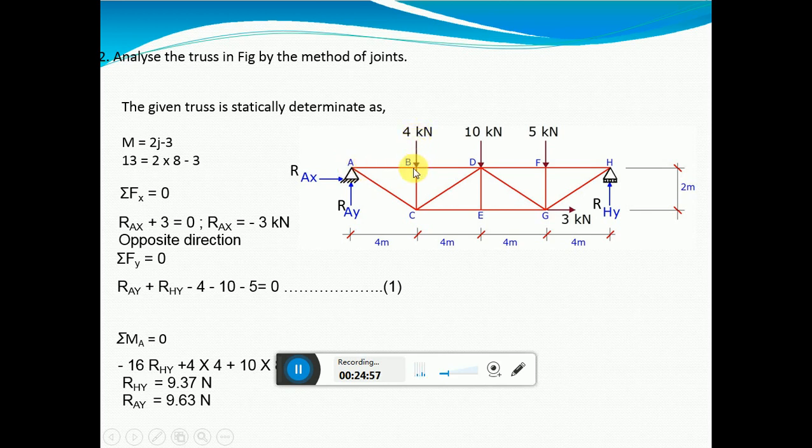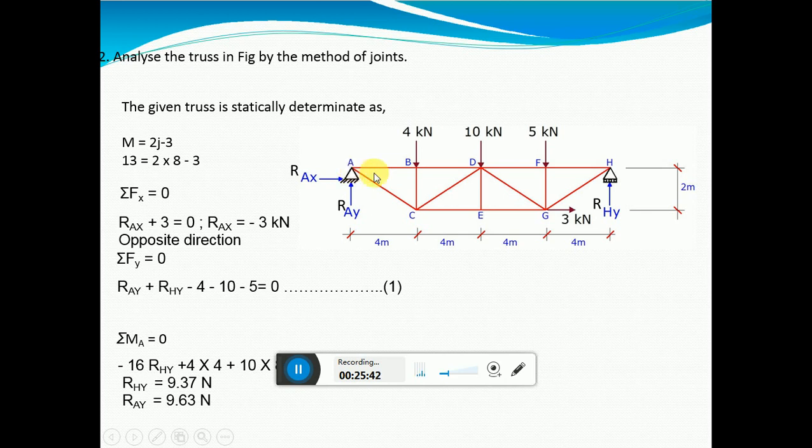The moment produced by 4 kilonewton, which is at a distance of 4 meter, is moving clockwise with respect to point A. So it is 4 into 4 plus 10 into 8 plus 5 into 12. The 3 kilonewton is at a distance of 2 meter from point A, so its line of action is here, at a distance of 2 meter. With respect to point A, it is in the anti-clockwise direction, so minus 3 into 2. The other reaction remaining here is RHY.